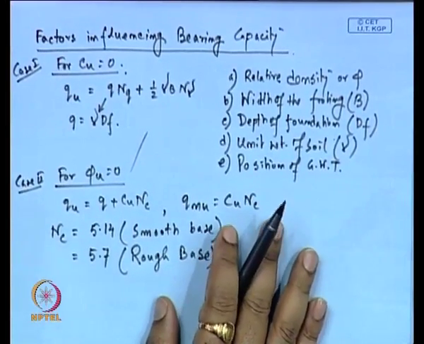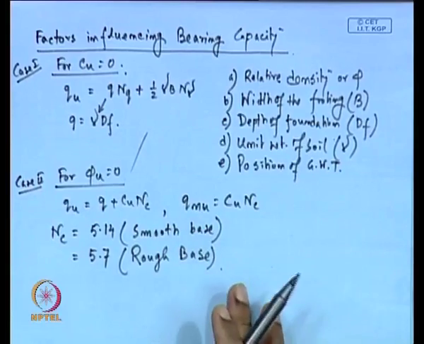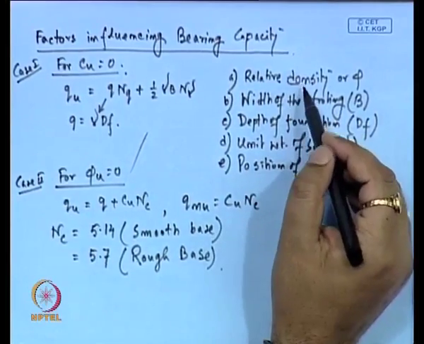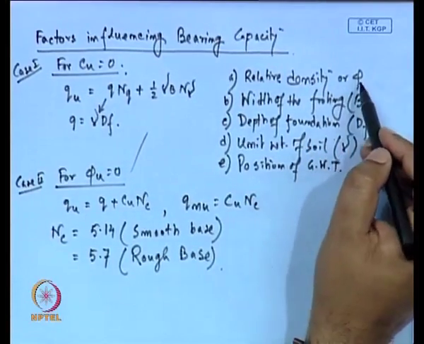In these two conditions, this is the net ultimate bearing capacity expression and this is the ultimate bearing capacity expression. Now, what are the factors affecting these we can calculate considering these two bearing capacity expressions. So, first we consider the relative density or the phi value.